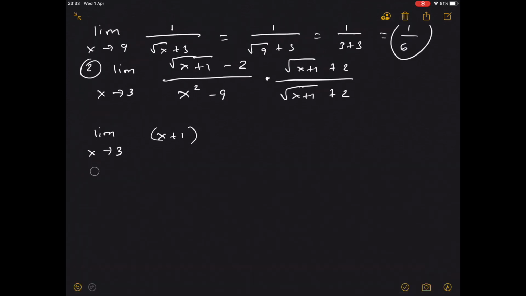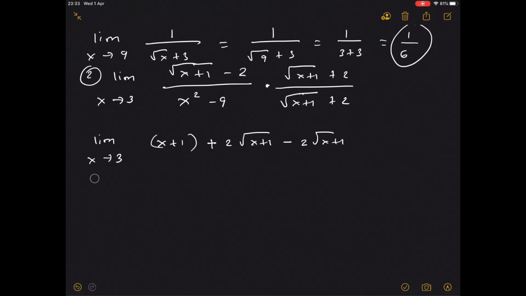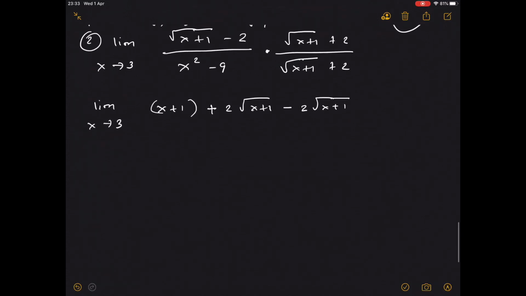Minus, plus 2 root x plus 1, minus 2 root x plus 1, and minus 4, all over.